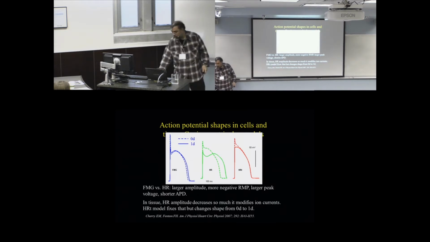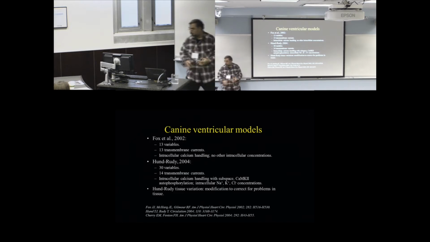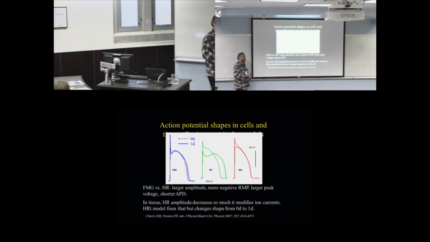When Rudy published this model, we later did the simulations, and he had to publish a new version because when we simulated in tissue, this is the Hund-Rudy. The original Hund-Rudy in single cell is the solid line. When we put it in tissue, suddenly we got this action potential.